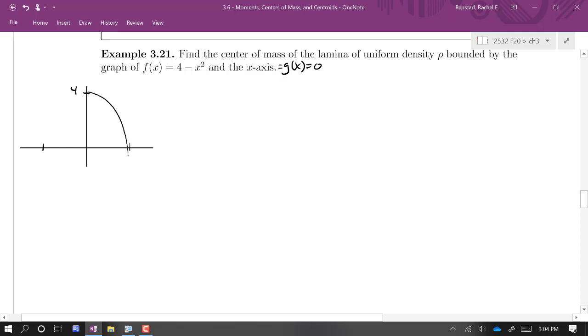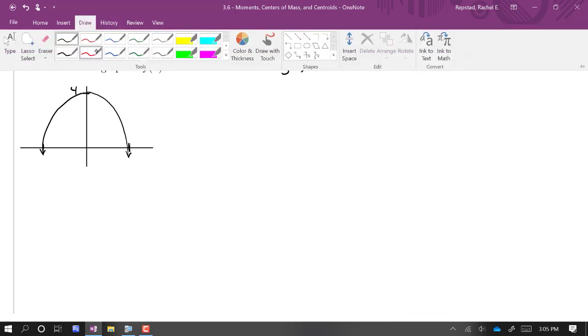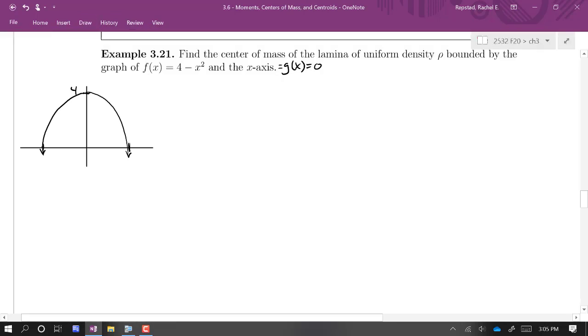It'll cross the x-axis at 2 and negative 2. And then of course there's y equals 0 at the bottom. So there's our planar lamina.